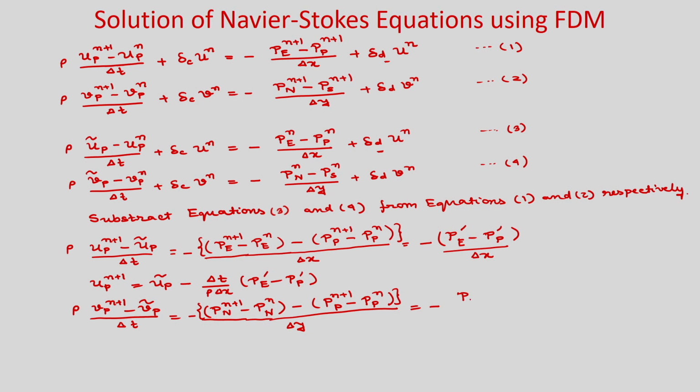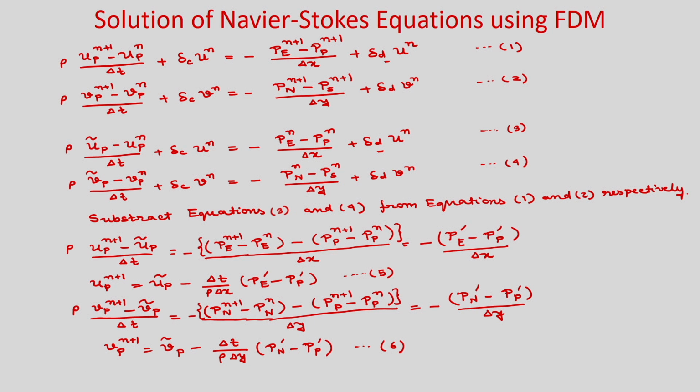So, you will get (P_N prime minus P_P prime) divided by delta y, and you can write v_P^(n+1) is equal to v_P tilde minus (delta t by rho delta y)(P_N prime minus P_P prime). Okay. Now, let us write the equation number. So, this equation u_P^(n+1), let us write equation 5, and this v_P^(n+1) as equation 6.